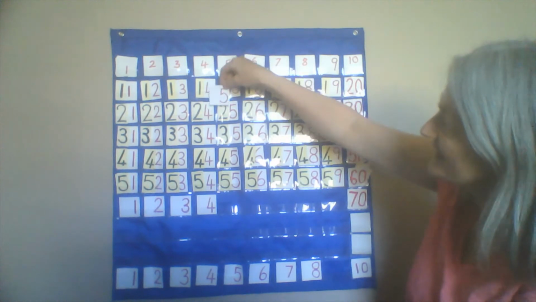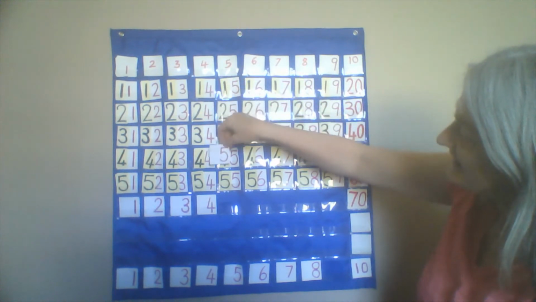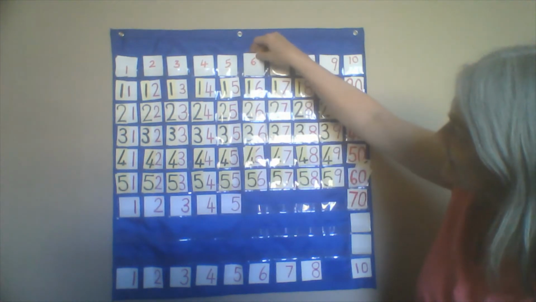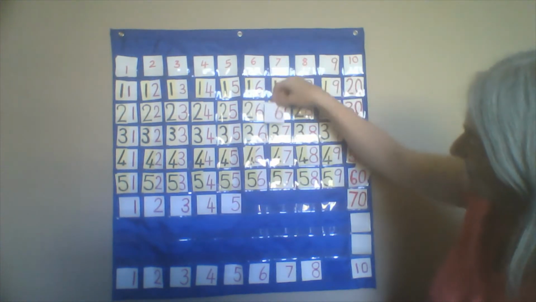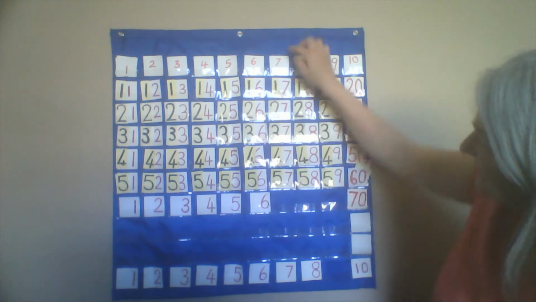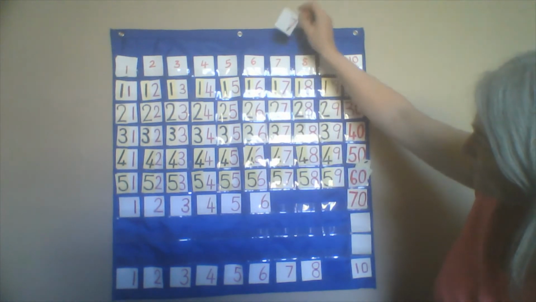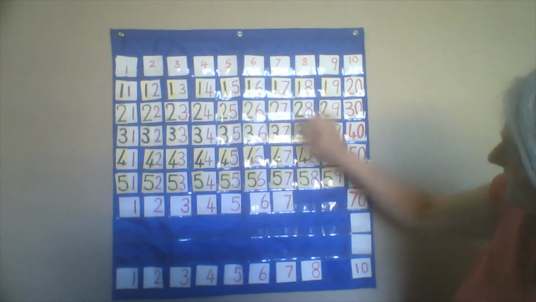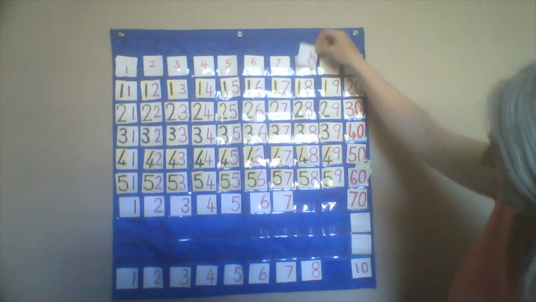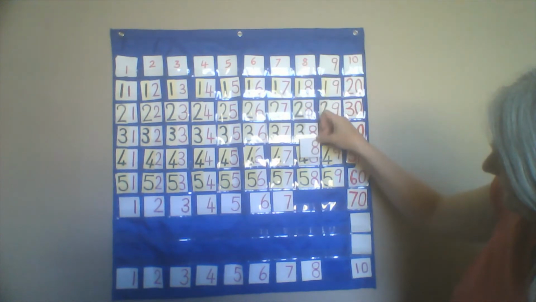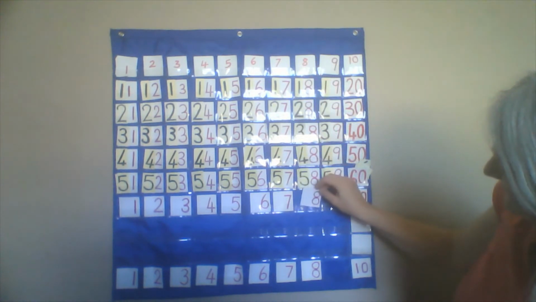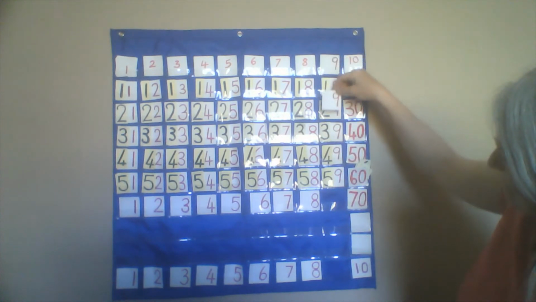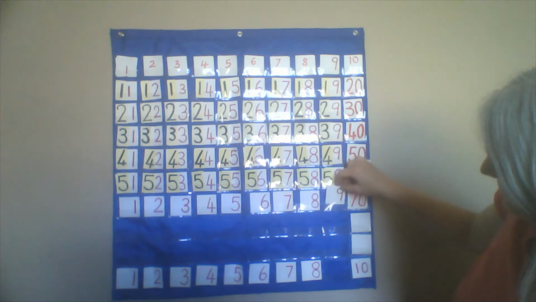Here's the 5s. There they are. And the 6s. Down here. There's all our 7s. Go down here. Everything in this column here is an 8, and everything in this column is a 9.